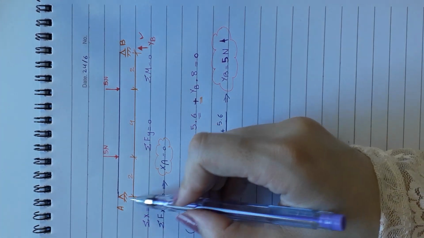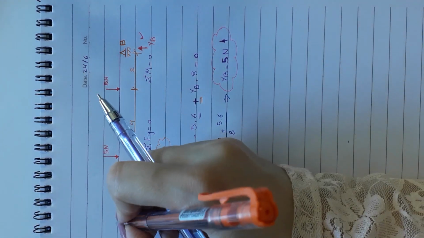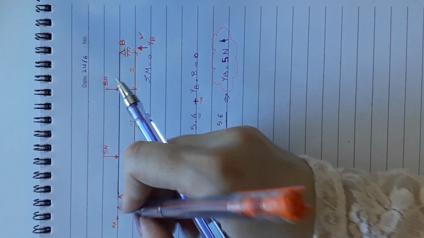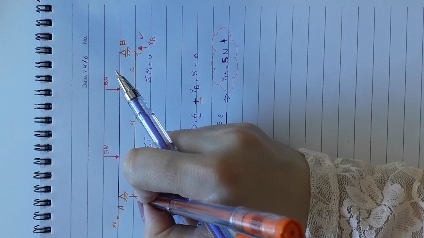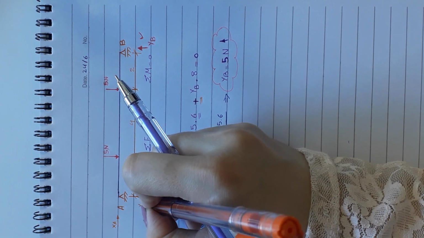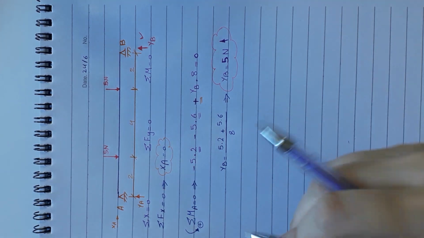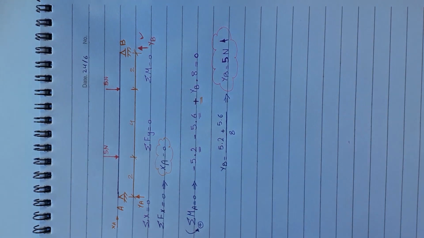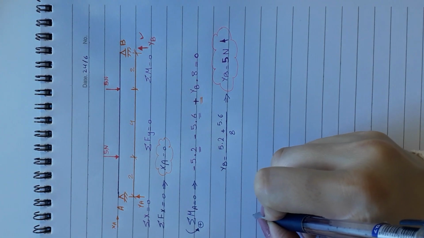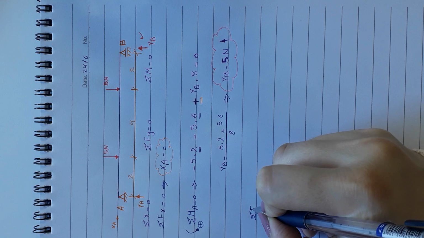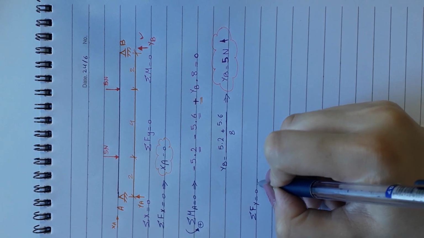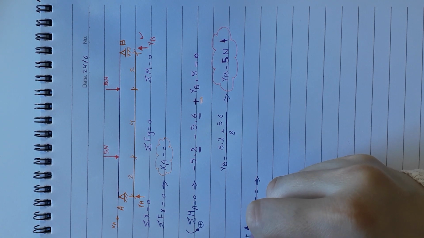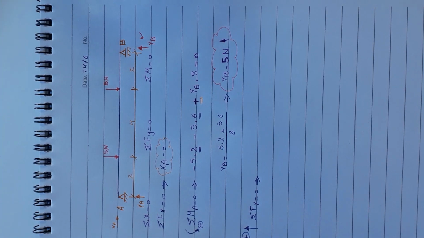In order to find YA, I forgot to write XA. In order to find YA, we can either write the sum of moments around point B, or we can easily write the sum of forces in the y direction equals 0, and we are considering that the positive y is in this direction.